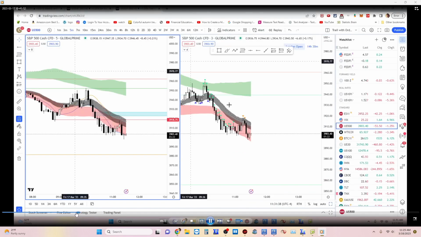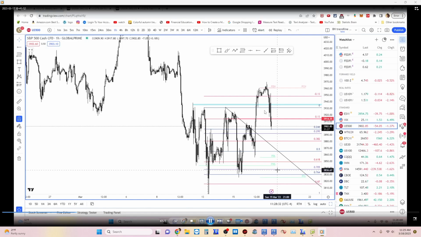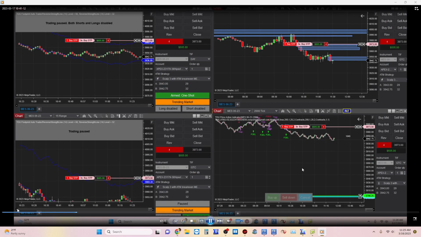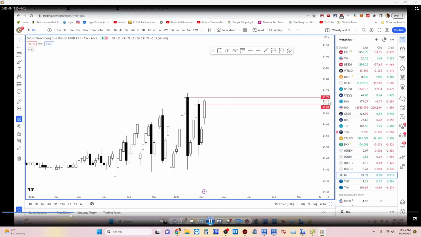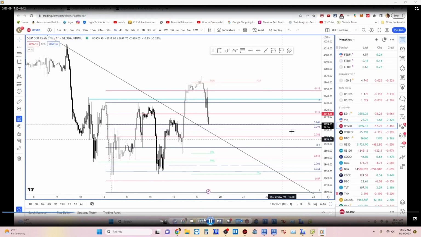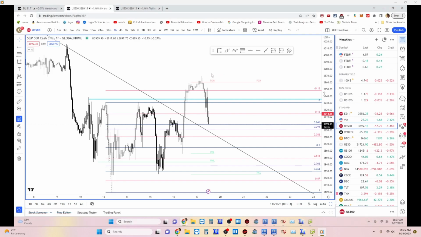So the one thing to note on this is that we had a break down on this Fibonacci layout that it put. So the only real significance there is just how price behaves around this range. The idea is that if we bounced here and broke out, closed the hour above, we got a retest and resumption of a full breakout.